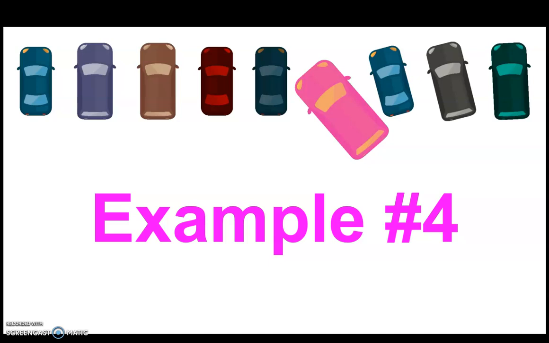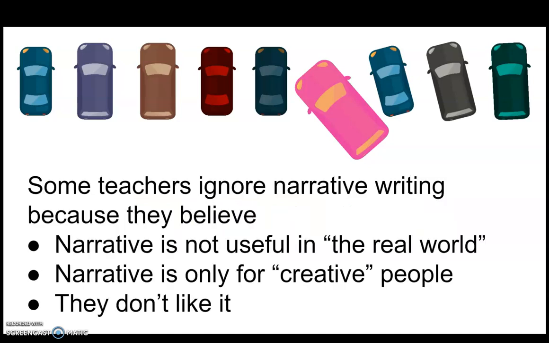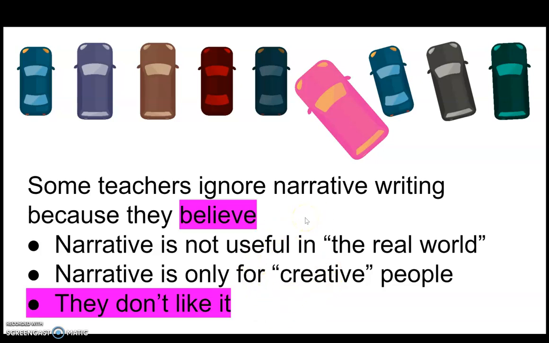Here's another example of faulty parallelism. Some teachers ignore narrative writing because they believe narrative is not useful in the real world, narrative is only for creative people, and they don't like it. So sometimes faulty parallelism can happen in bullet points. So here's the problem with this one.